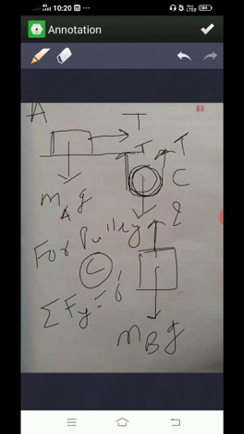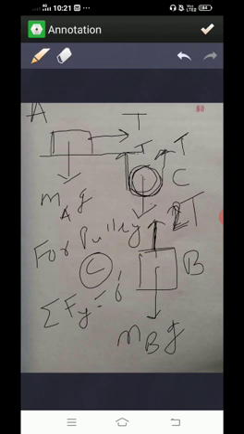Then tell me what is this value. This is T plus T, that is 2T. It means the tension in the string which is attached to block B is 2T and it is vertically upward. So this is the main thing in this particular case. I think you understand.